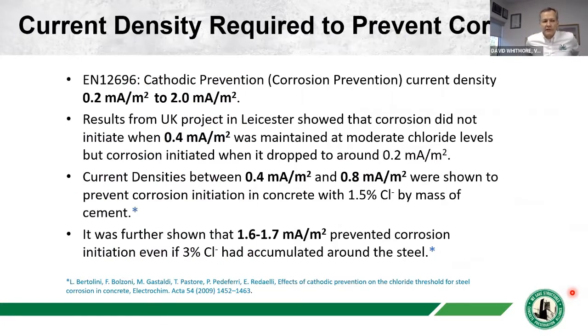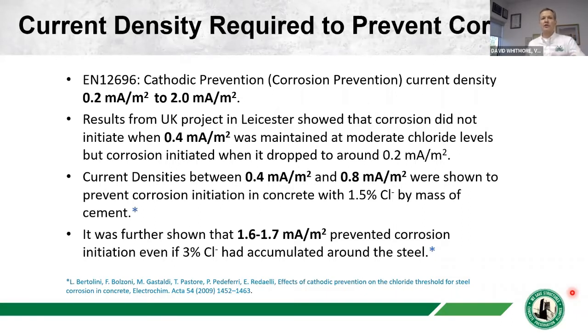So once you have the steel area or the steel density, you then need to select what you're going to use for your design current. What do you need as a current density in order to provide protection? That number is going to depend on what level of protection you're trying to achieve, as well as the physical condition, such as the chloride concentration of your concrete.